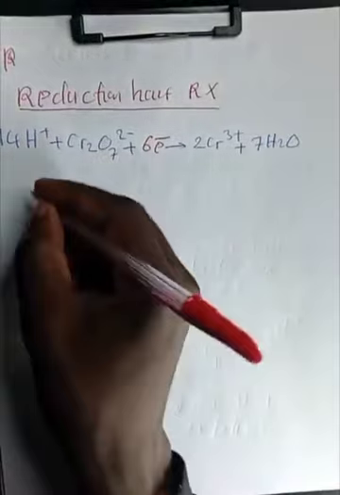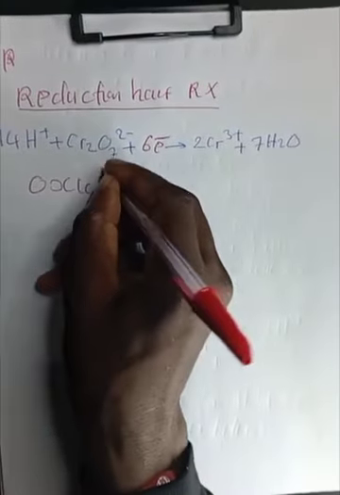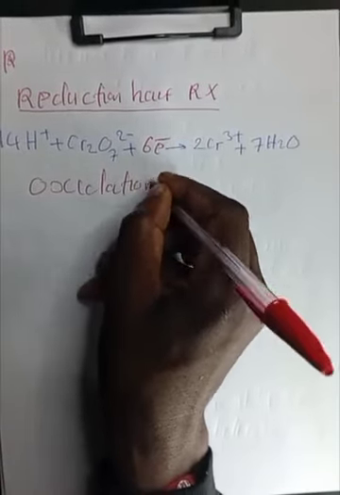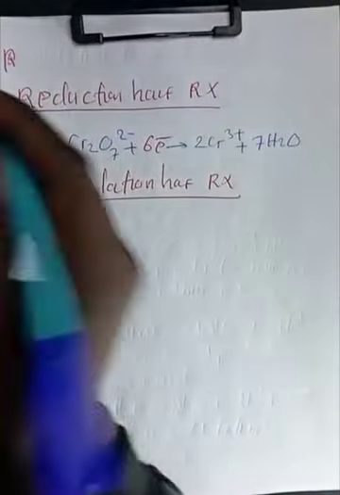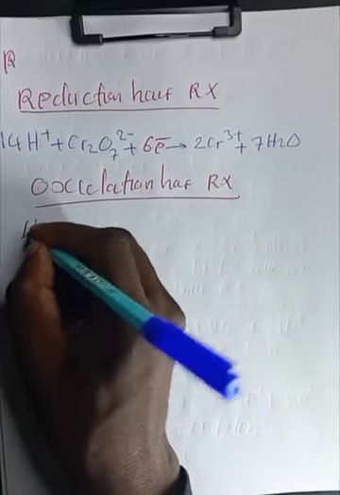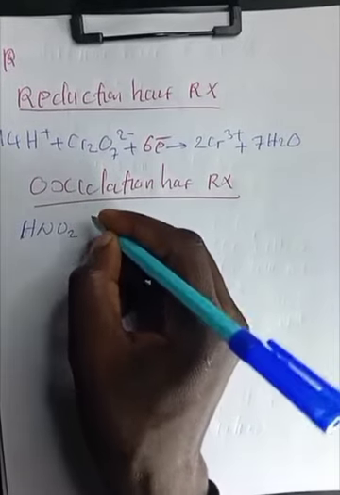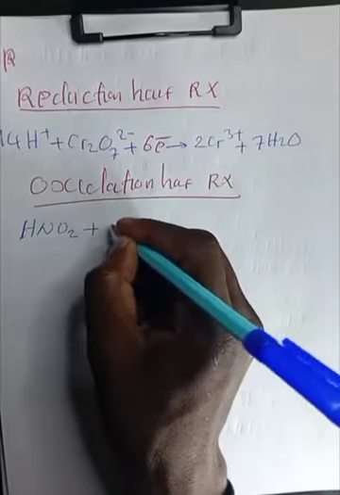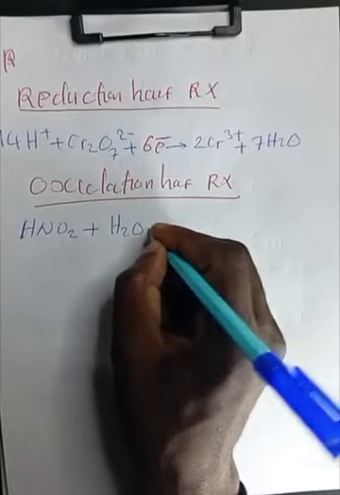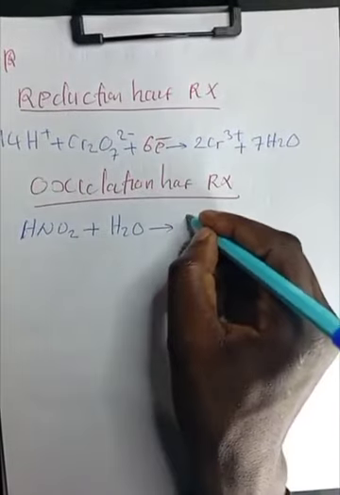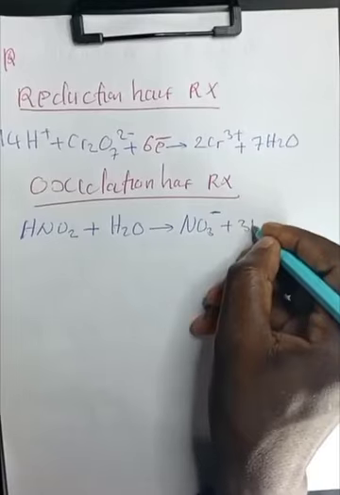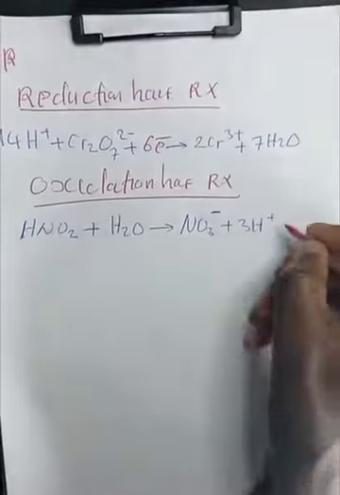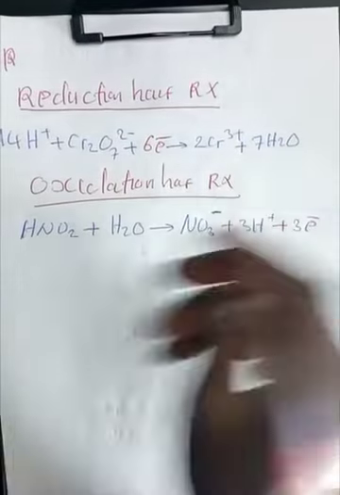Then let's come to the other one for the oxidation half reaction, we have a different story. So we have HNO2 plus H2O. This is giving us NO3 minus, then plus 3 hydrogen ion and plus 3 electrons.